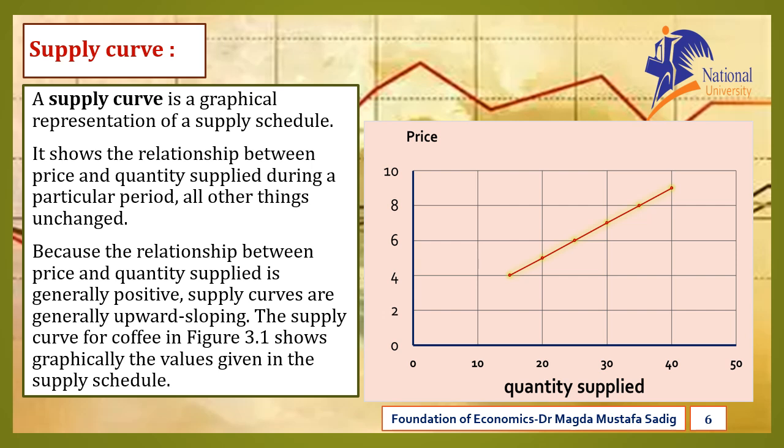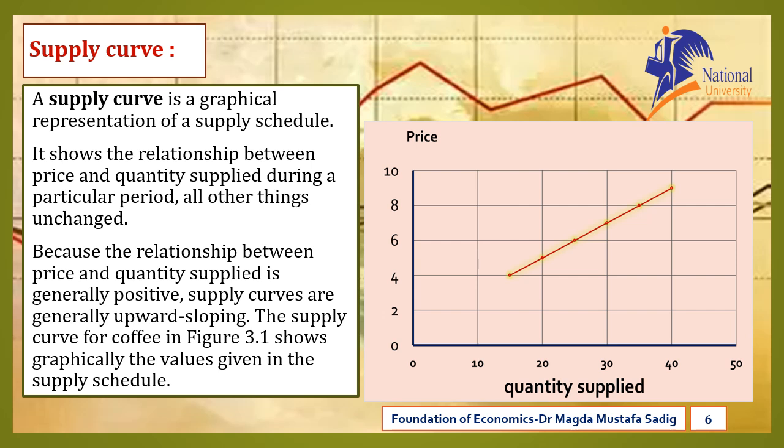So this is what we call the law of supply that is illustrated in this graph. As the price of the good increases, as shown in this graph, the quantity supplied also increases, all other factors being equal.